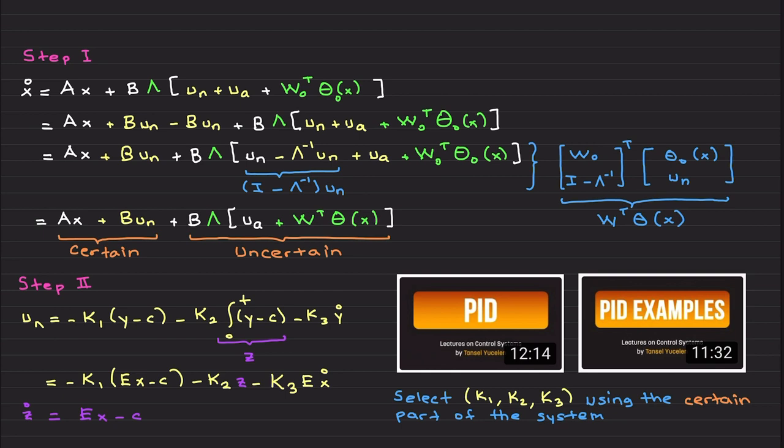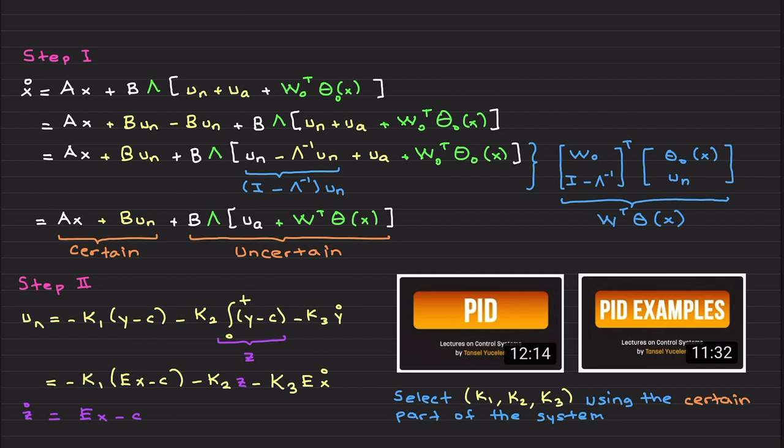Now, I have covered PID and examples of PID in another playlist called Lectures on Control Systems. And basically PID and PID examples covers advantages and disadvantages of PID control, and then provide several examples in the second video.